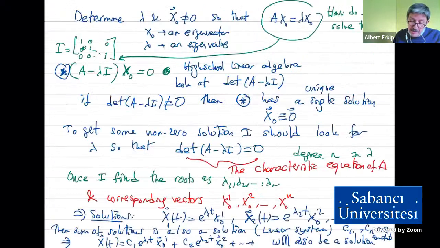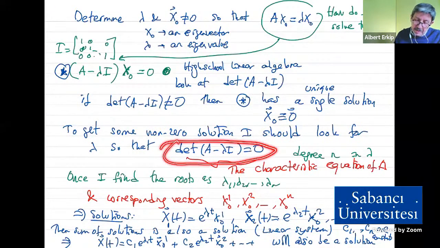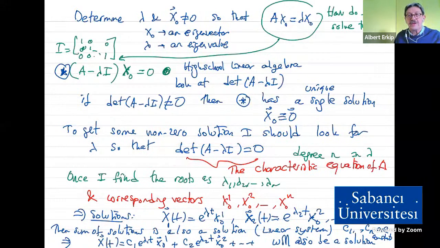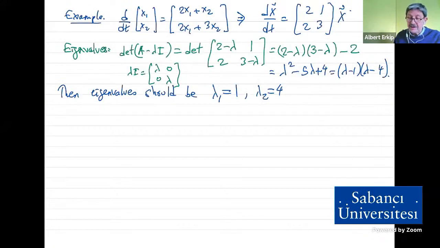Because we said we had to look at the determinant of A minus lambda I equals 0. If you remember, this would be degree n. Here it's a quadratic of degree 2, and there are 2 roots, 2 eigenvalues. Now, the next thing is, how do I find eigenvectors?